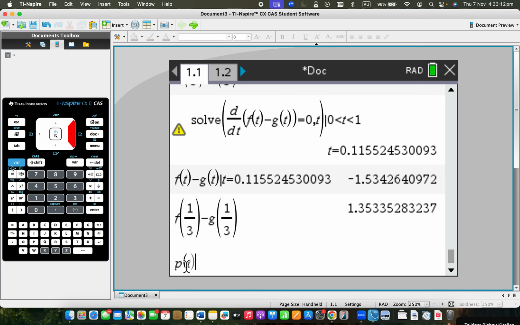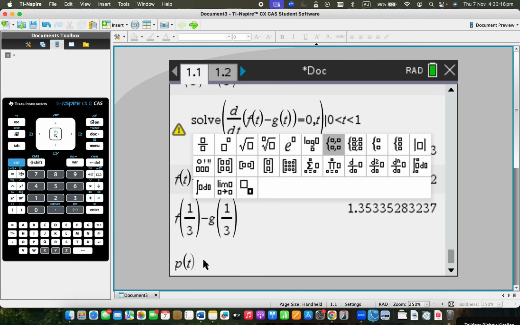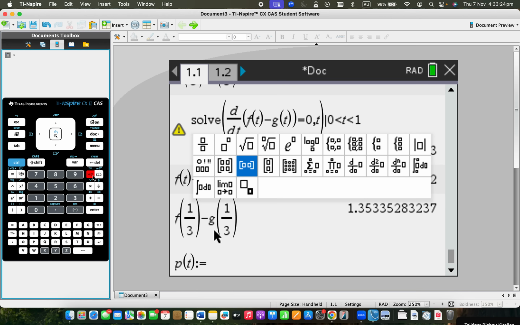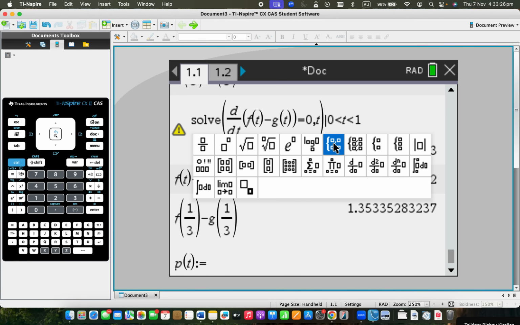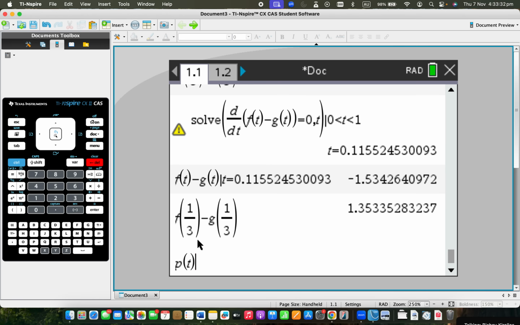This exam, P of T, defined as this, which is 1.5 from 0. Okay, so it's definitely not going to be the 1.5.